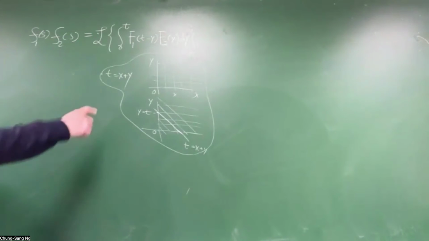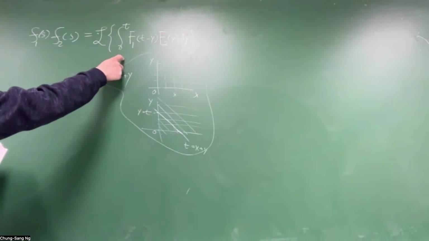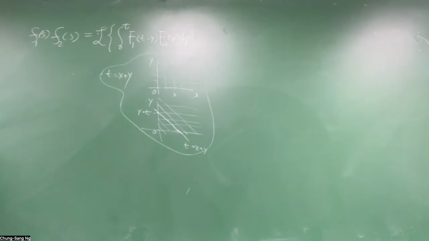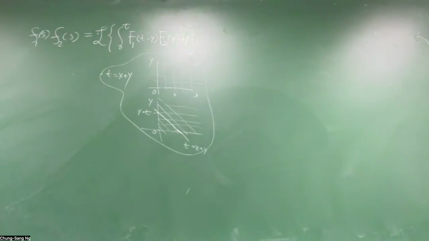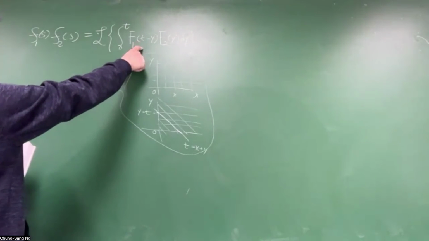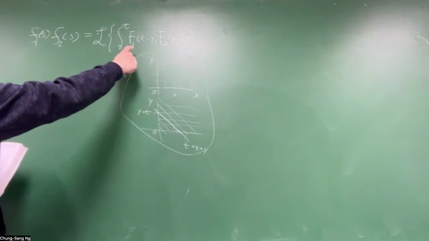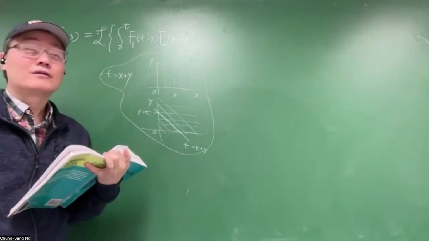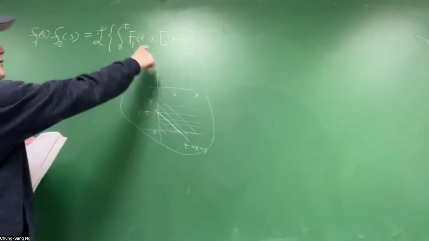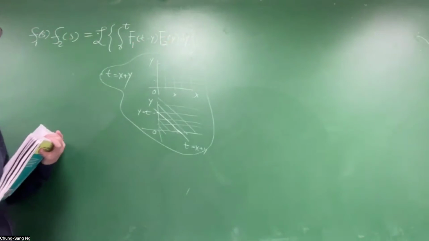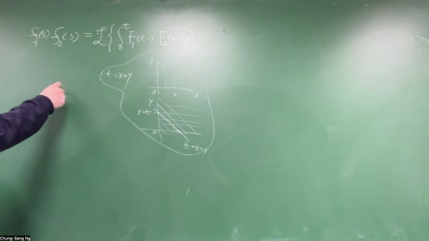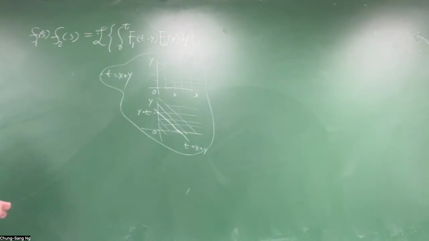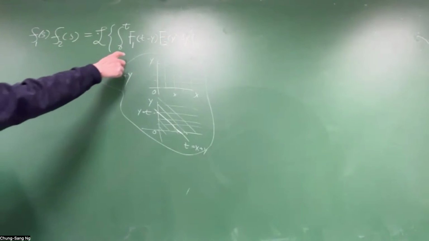But I also said that you can make this similar to the Fourier convolution. The form is exactly the same if you recognize that f1 and f2 are both functions that are 0 for a negative argument. Or you can say you multiply by a step function.